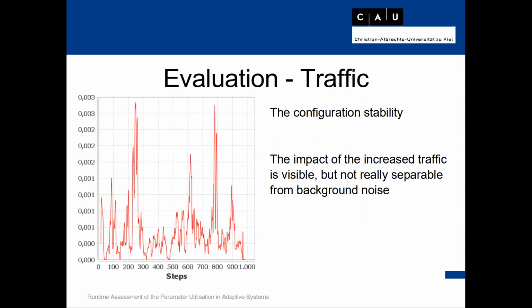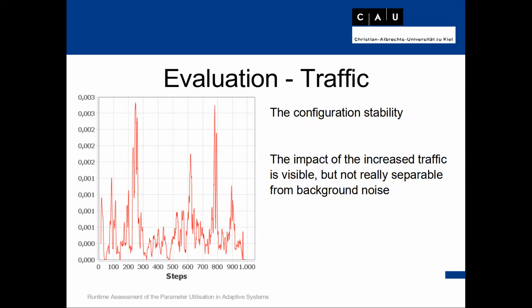Here again, a graph. First, the configuration stability. We can see that the rush hours show in the graph with 2 very high peaks, but there are other quite prominent peaks which come from the background noise of the other cars driving around.